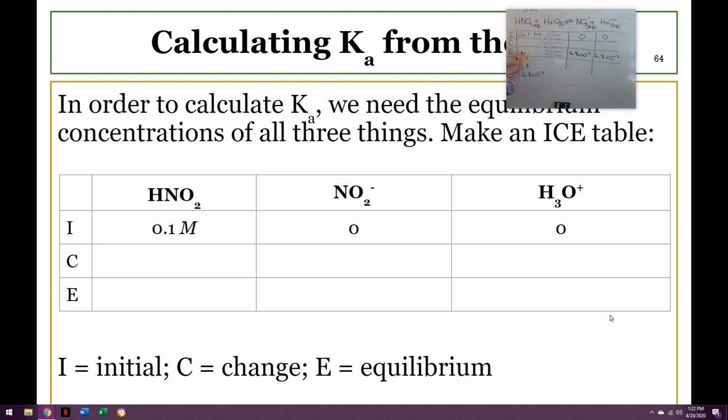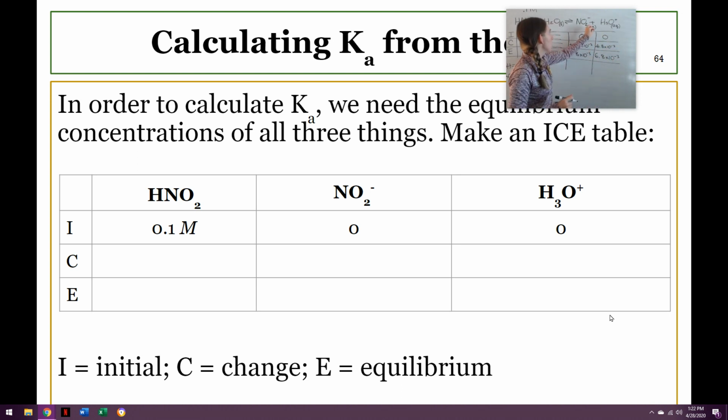So we need to find what's the concentration of your HNO2 at equilibrium. Well, let's look at our change here. This changed from 0 to 6.8 times 10 to the negative 3. So that means we added 6.8 times 10 to the negative 3.